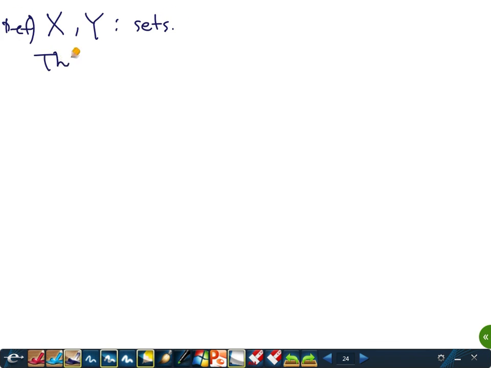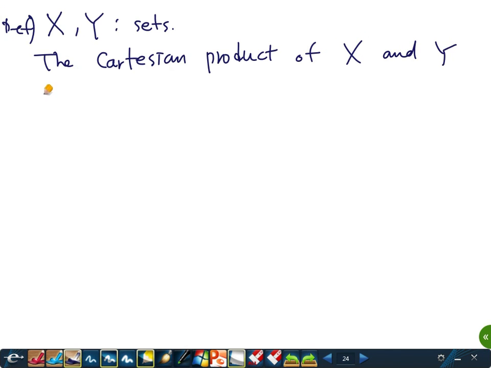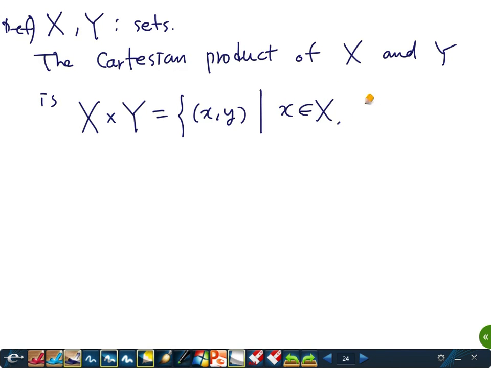The Cartesian product of X and Y is denoted X cross Y, X times Y, and it is the set of ordered pairs (x, y), where x is in X and y is in Y. So this is the definition of the Cartesian product.